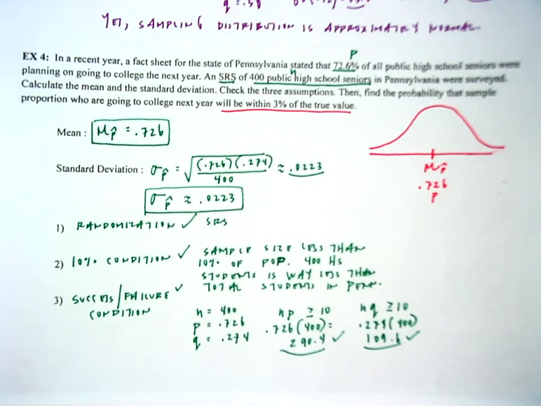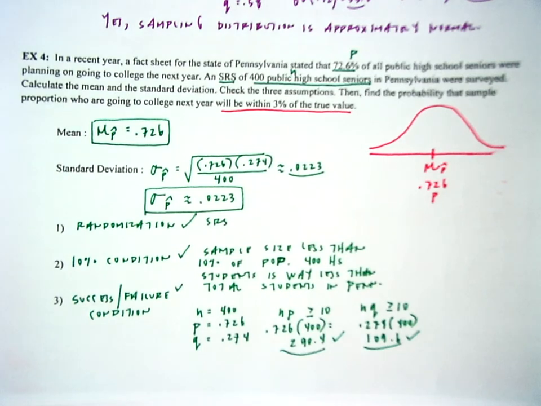So let me make a visual. So here is my normal curve. Right smack in the middle of it is my mean, which is 0.726, right? That's my p-value right there. Okay, and then here we could convert to z-scores, but I'm going to show you another trick where you actually don't have to.